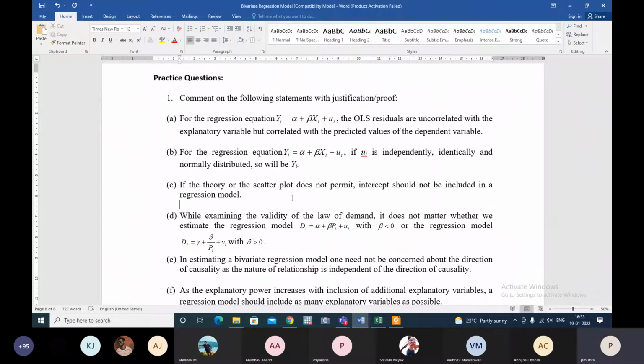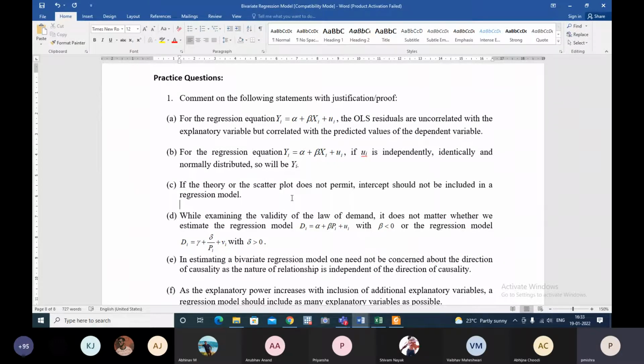So even if the theory or scatter plot doesn't permit, to avoid various statistical problems, we should include the intercept, and we should decide on the intercept depending on the statistical test.